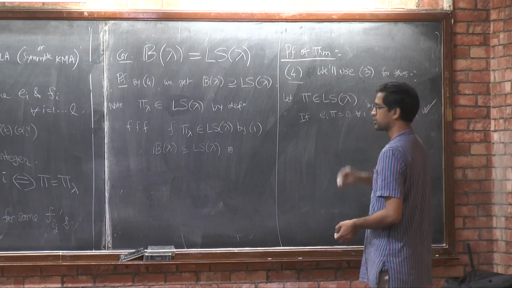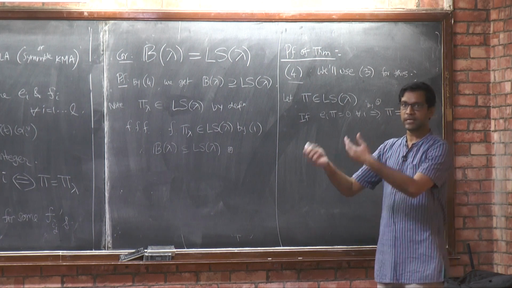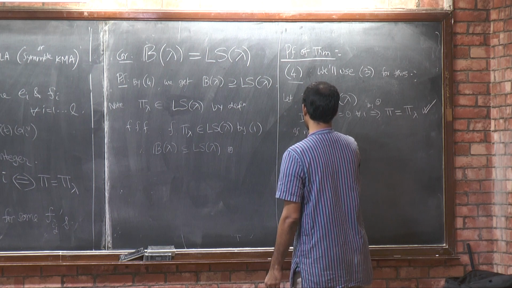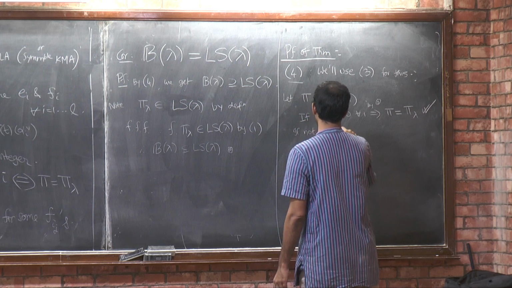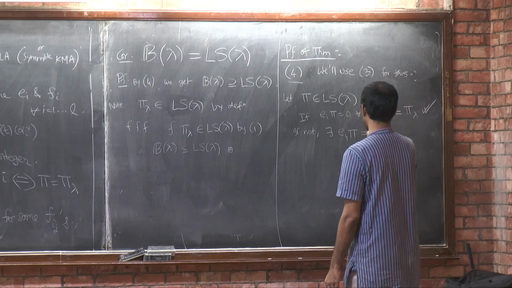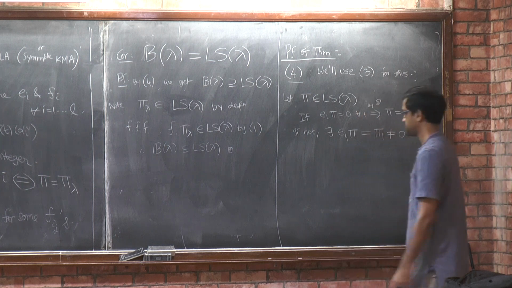Suppose this is not true. That means at least one of the EIs doesn't kill it. So if not, there exists some E_i1 at least, such that E_i1 pi is non-zero. Let me call that pi 1, which is not 0.